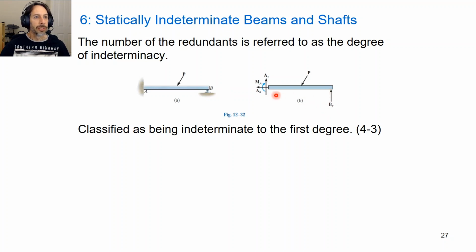So we've got 1, 2, 3 and 4 unknowns and only 3 equations of equilibrium. It's 2D, so we only have a moment equation and 2 forces, force in the vertical direction and force in the horizontal direction. So it's indeterminate to first degree because we have 4 unknowns and 3 equations of equilibrium. 4 minus 3 is 1.